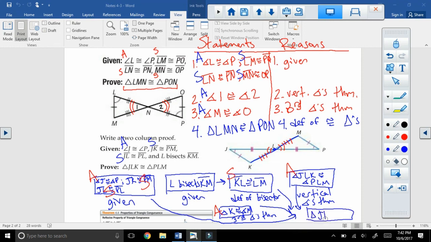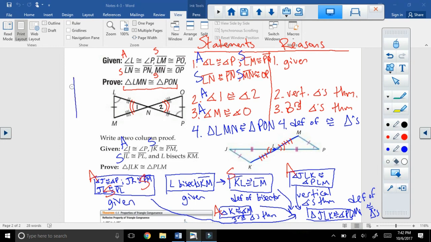So triangle JLK is congruent to triangle PLM, and your reason is the definition of congruent triangles. So again, sorry I ran out of room on here, but hopefully it makes sense. It looks a whole lot like this one, with the exception of we had to use the definition of a bisector there.